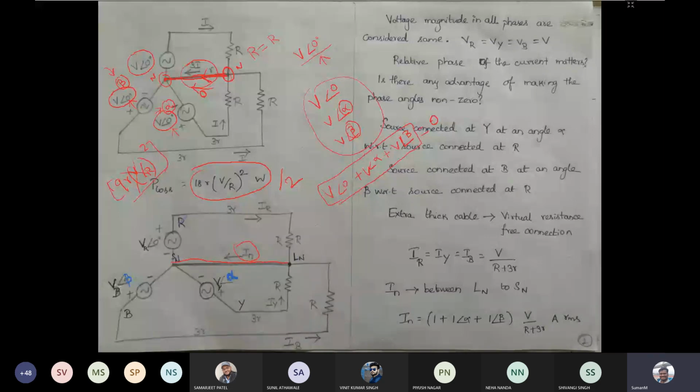Now we are defining it as a three phase system. So this is R phase, this is Y phase, and this is B phase. Till now we did not define the angles. We have to obtain the angles in such a way that the current flowing through this path is 0. The current from the Y phase is IY, the current from the B phase is IB, and the neutral current flows through the path.